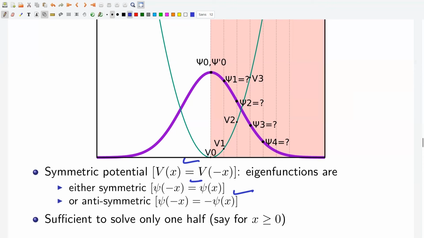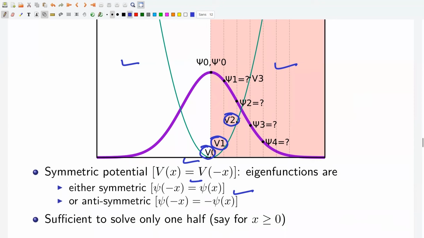For example, if we solve for x greater than 0, that is in the shaded region, we also get the eigenfunction in the unshaded region, that is x less than or equal to 0, because of the symmetry of the potential. The values of the potential V0, V1, V2, etc. are known to us.